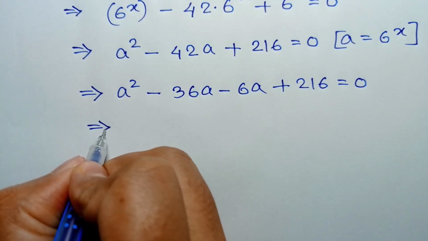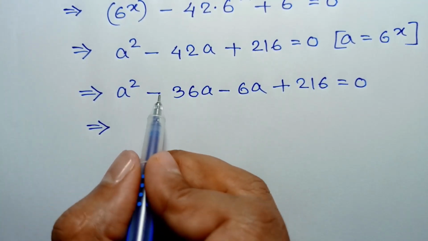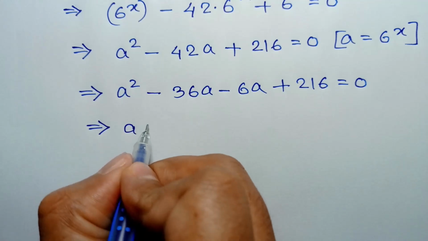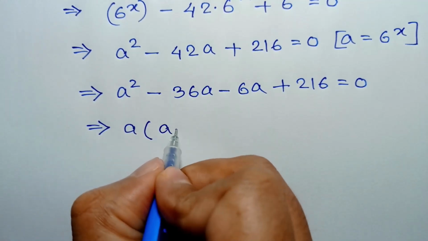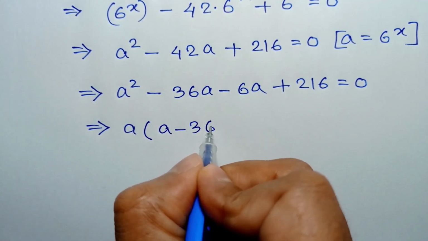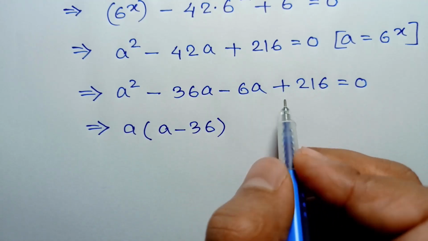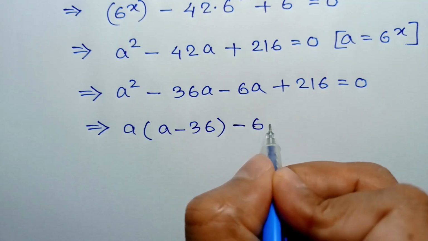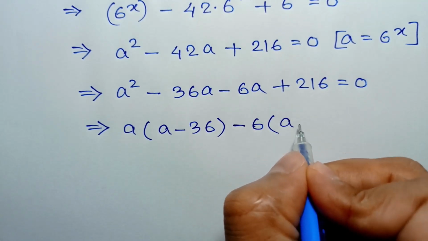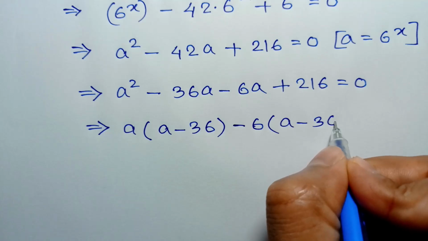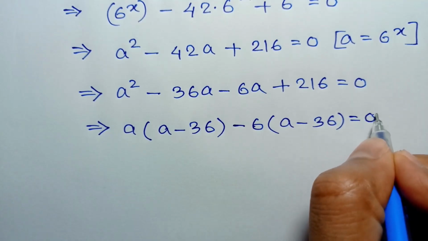Taking common a from the first two terms we can write a times a minus 36, and taking common negative 6 from the last two terms we can write negative 6 times a minus 36 is equal to 0.